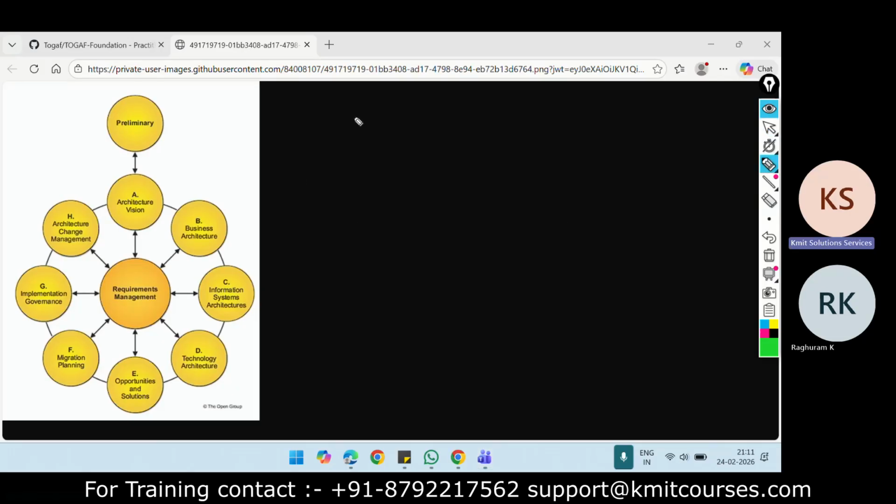B is the business architecture, right? So you can say it is the implementation of what we have discussed in the domains, meaning the business domain and the data, application, or technology domains. So that we will do here now.